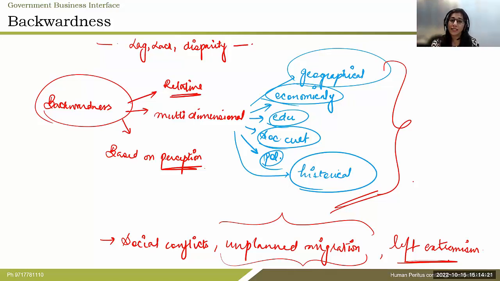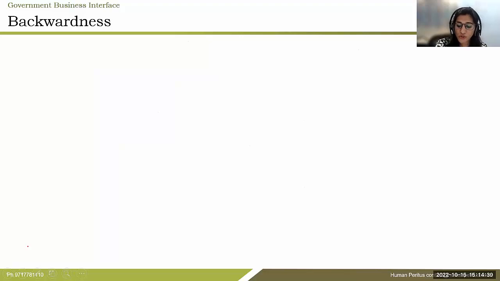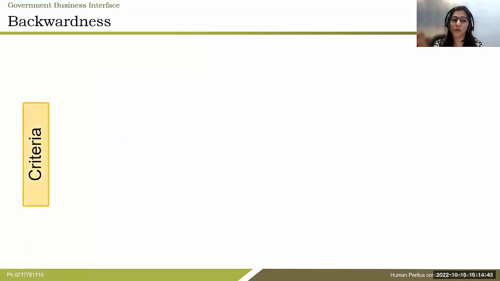So considering that, the government has set up various kinds of committees from time to time, and these committees have given various criteria to consider which areas can be considered backward. All right. So moving ahead, let us now have a quick overview of what these criteria can be.